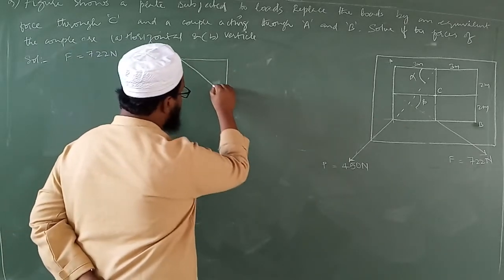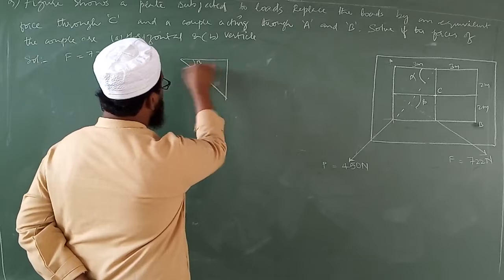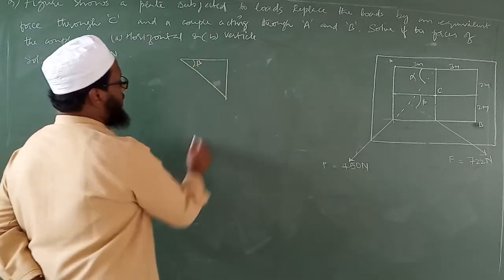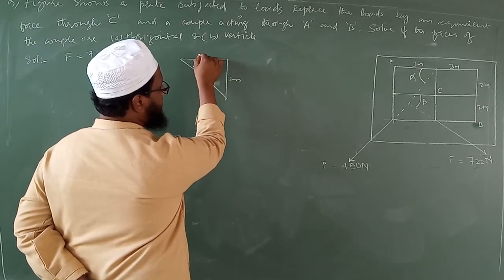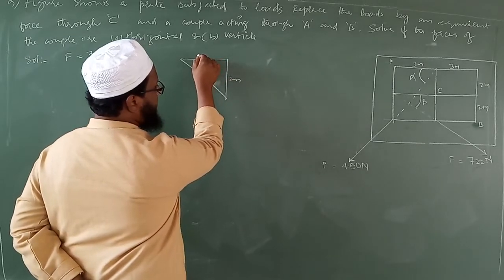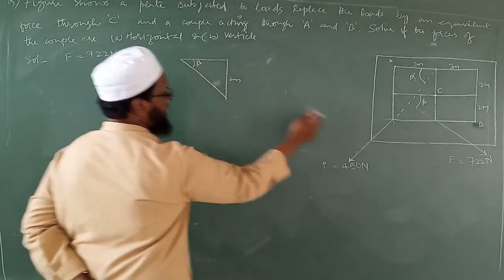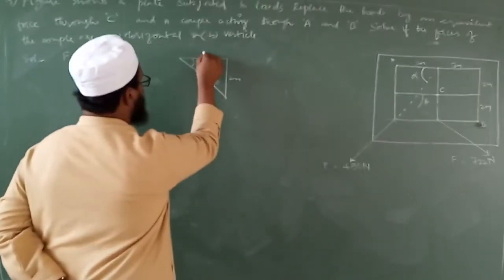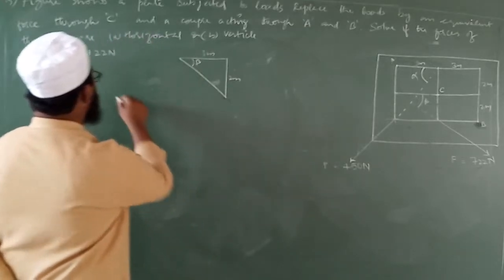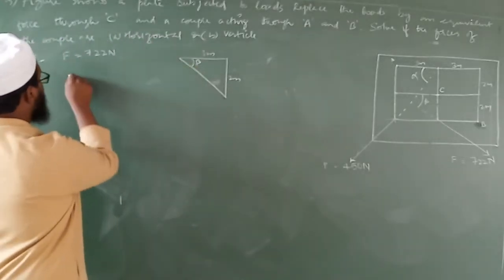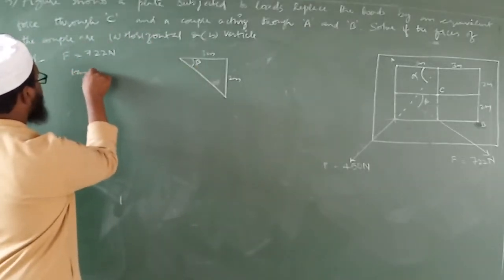So this is my beta. This one is 2 meter and this one is 3 meter, right? Since it is beta, can you tell me what is tan beta?